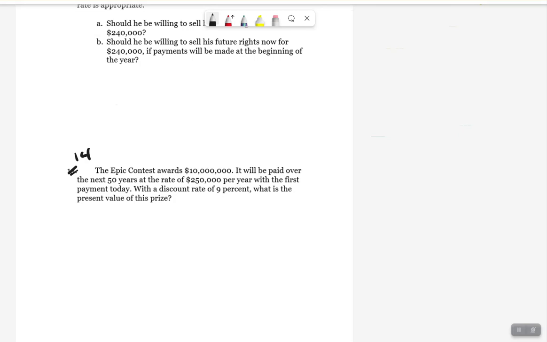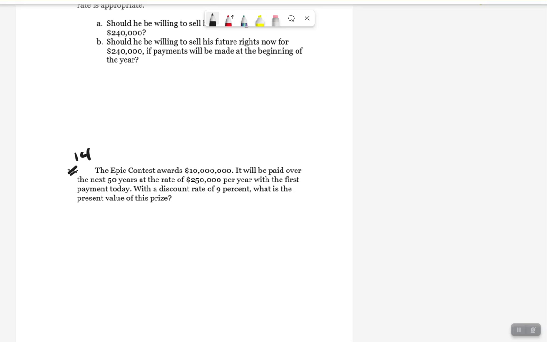They are going to give us equal payments. They're saying we want $10 million, but we're not going to get all the money in one go. It will be paid over the next 50 years.